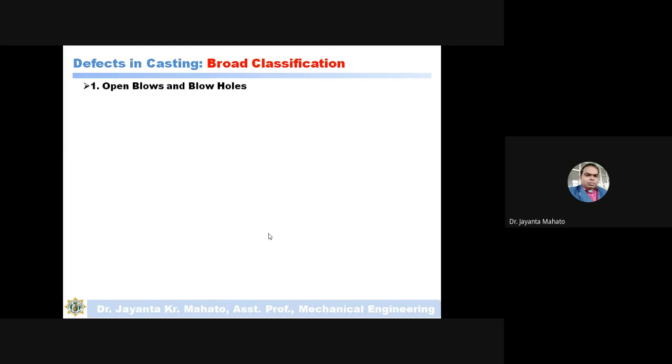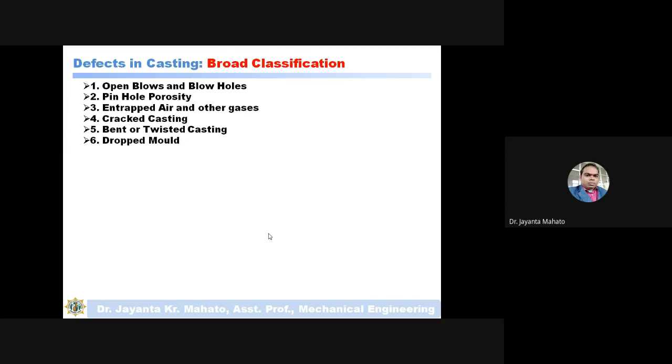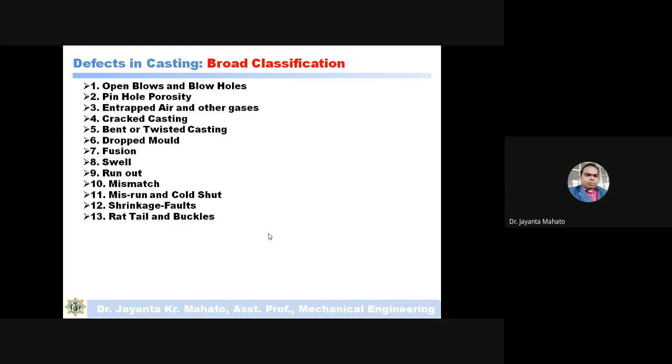So these are some common casting defects: open blowhole or blowholes, pinhole porosity, entrapped air, cracked casting, bent or twisted casting, drop mold, fusion, swell, run out, mismatch, misrun, cold shut, sinkage fault, rat tail and buckles, inclusions.